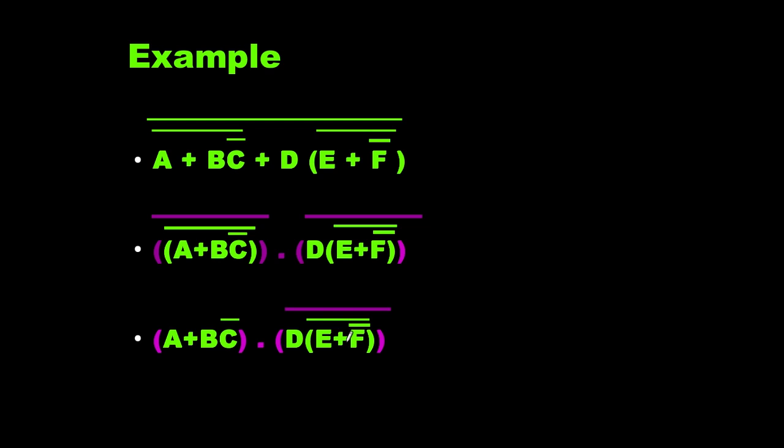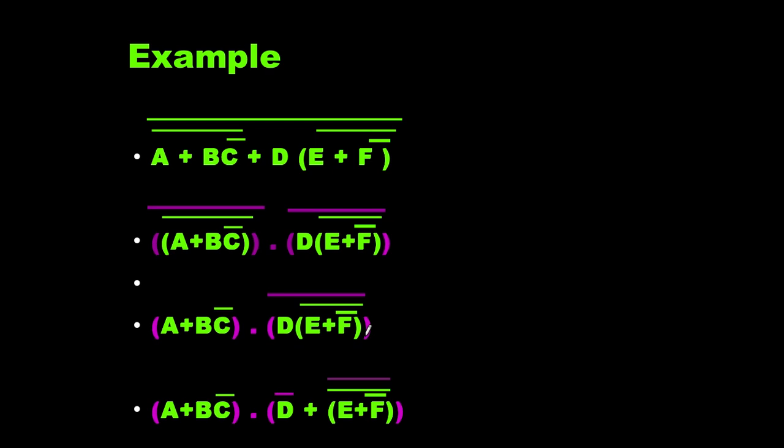And what can I do with this now? I can distribute this one on this sign. So what will I have? D not, and I distributed this. See, I distributed the AND, the one in between those. That's the only one I distributed.